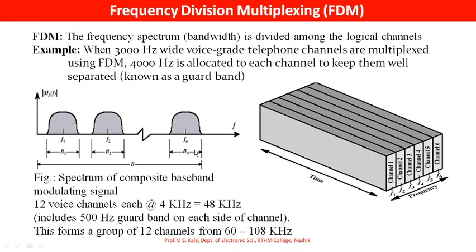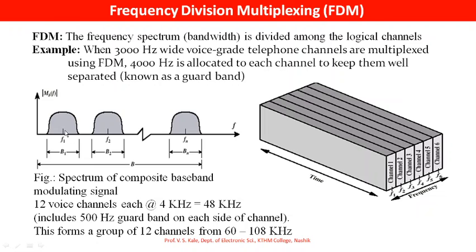For the third channel it is Bn. So the total bandwidth is from B1 to Bn, that is the addition of all. The total bandwidth is required of the link. So this figure is of the spectrum of the composite baseband modulating signal.